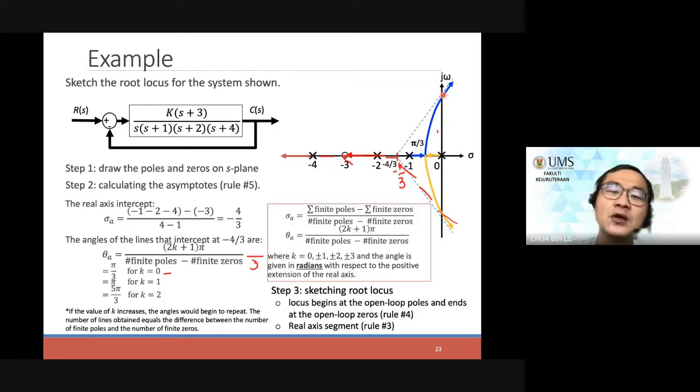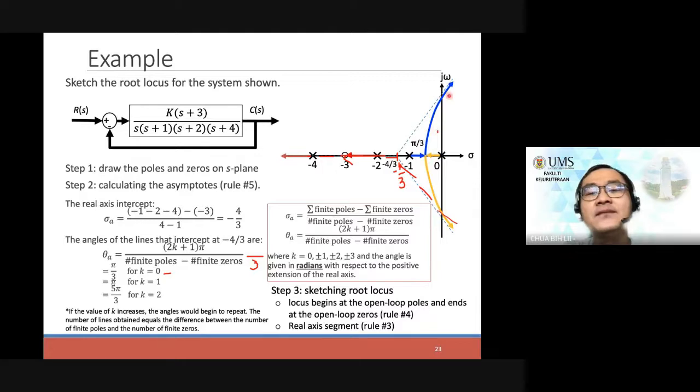And also when it starts to intersect with the imaginary axis, meaning as we know, when the root locus starts to shift to the right hand plane, the positive real axis value, the system will become unstable. So we try to avoid any root locus which is on the right hand plane.